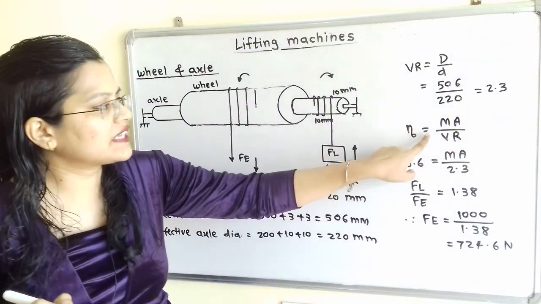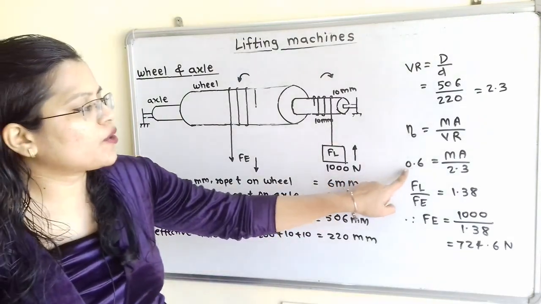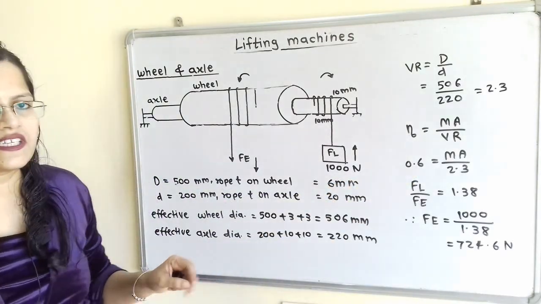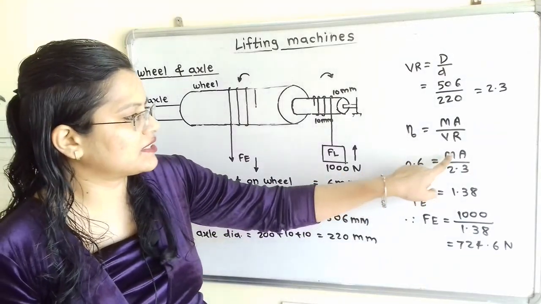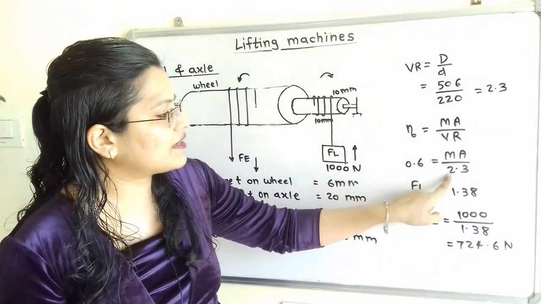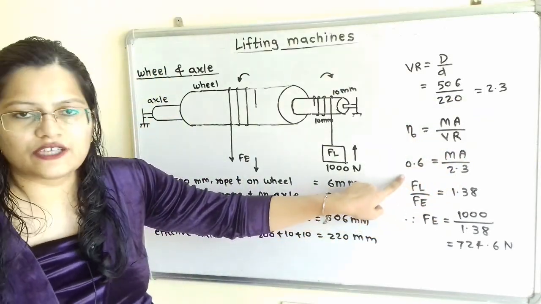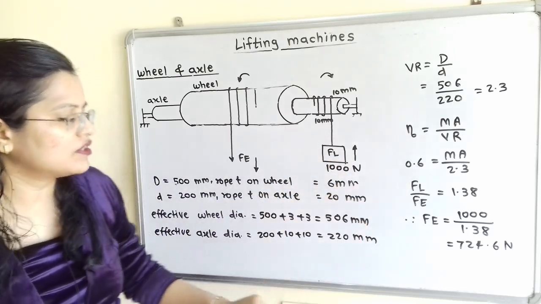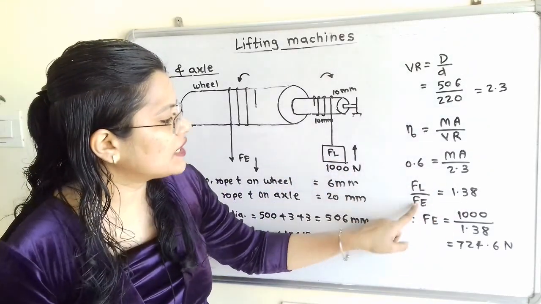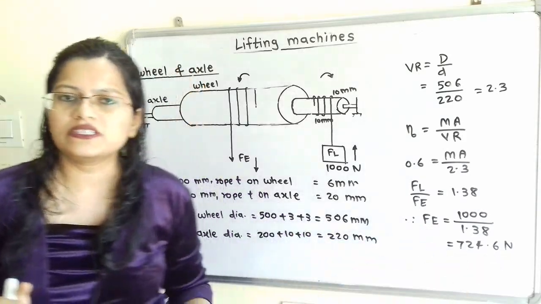So efficiency is the ratio of mechanical advantage by velocity ratio. So 0.6, because 60% efficiency, that means 60 by 100, which is equal to 0.6, is equal to mechanical advantage by this 2.3. So mechanical advantage is the ratio of Fl by Fe. So now this Fl is 1000. So when we put the value, then we will get the answer. Fe is equal to 724.6 Newton.